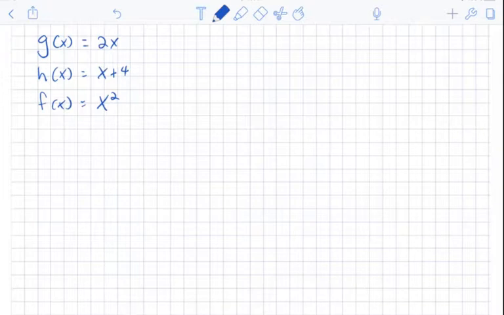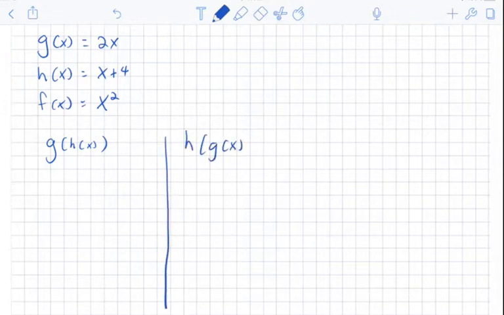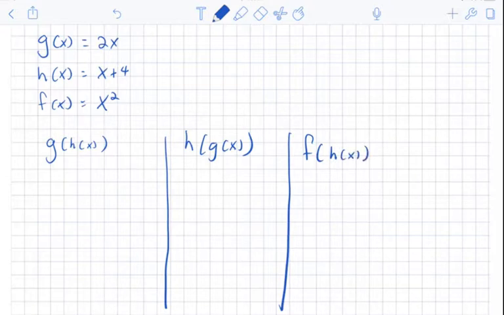So, g of h of x, h of g of x, f of h of x, and then how about a really fun composite? How about h of g of f of x?